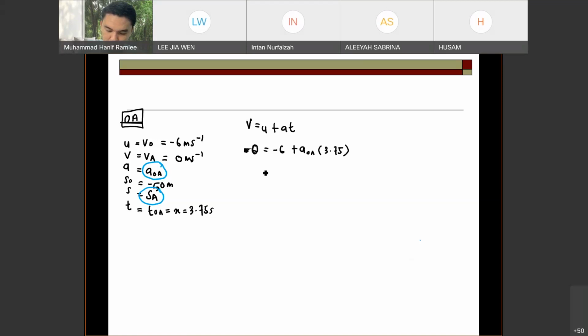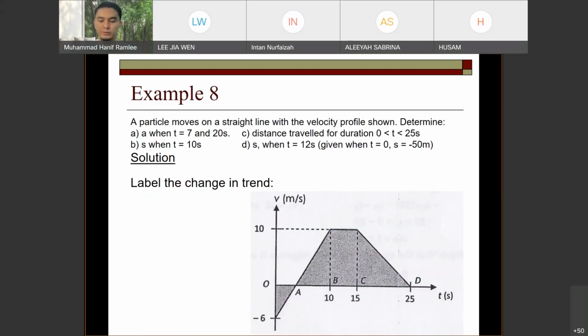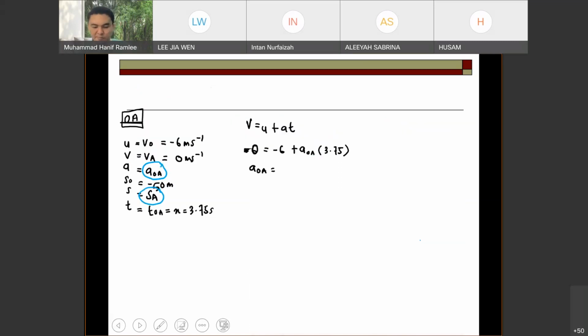So you will get AOA equal to 1.6 meter per second square.